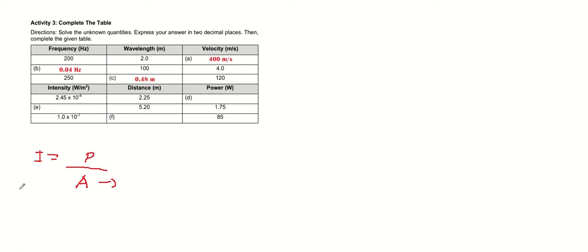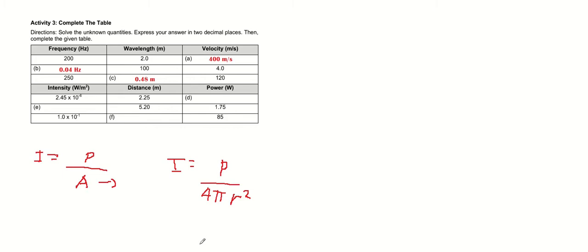Sound is like it travels in a spherical shape. So, yung area na kukunin natin is yung area ng sphere. So, imbis na sulat natin as A niyan, mag-specific na tayo. So, I is equal to power divided by 4 pi r squared. Kasi ito yung formula ng area ng sphere.